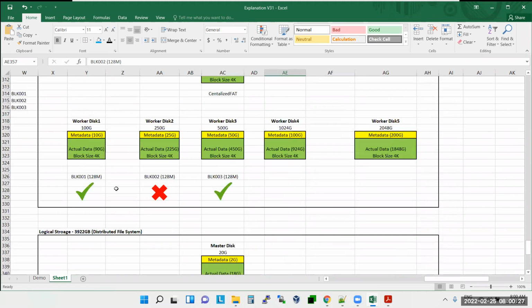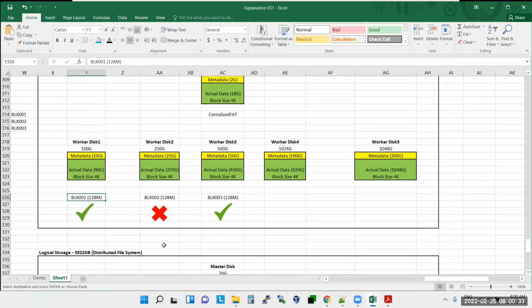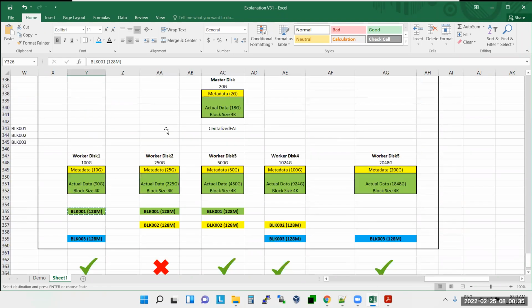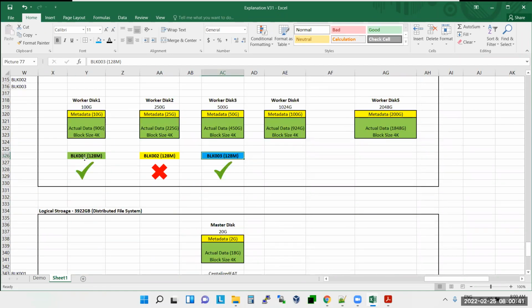But here, if you maintain one copy itself, this is the first block, this is the second block, this is the third block. If you maintain one copy, what is the total space occupied here? 384.